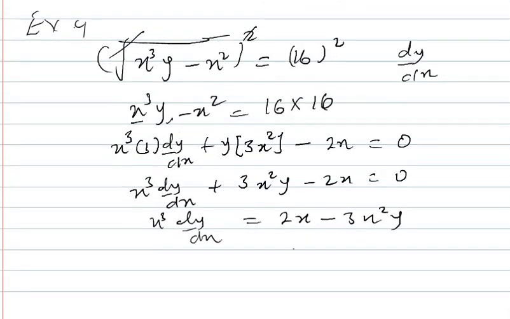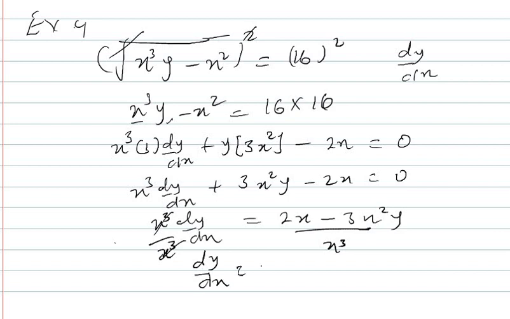To get dy/dx, we have to divide through by the coefficient of this, which is x cubed. So we divide here by x cubed, and here also by x cubed. If you like, you can factor out x.